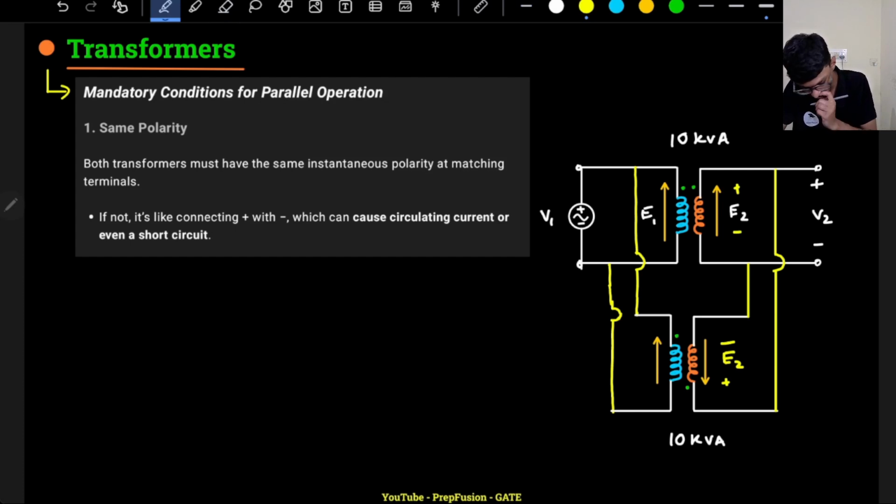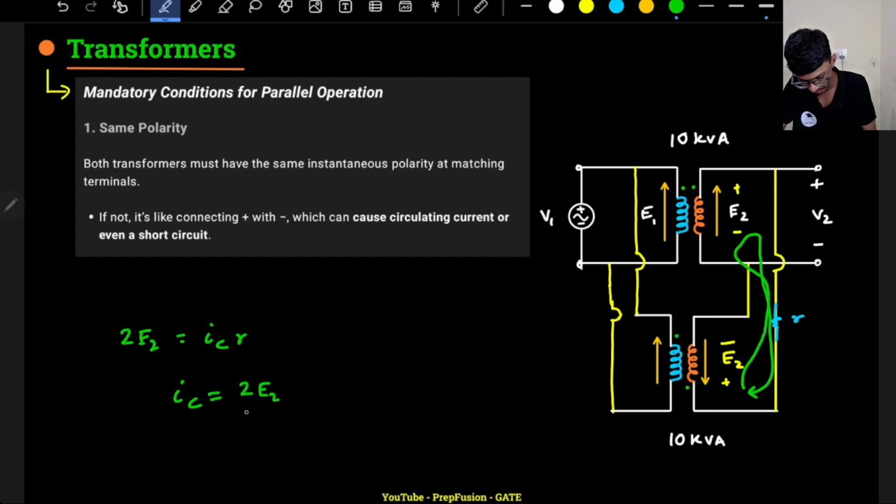If I assume a very small resistance between these two transformers and apply KVL in this loop, as we have already previously discussed, what will happen? This will be 2E2 equals I circulating times R, where I circulating will be 2E2 divided by R, and R is just the winding resistance, which will be very low.